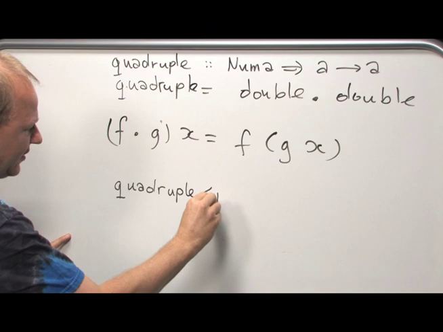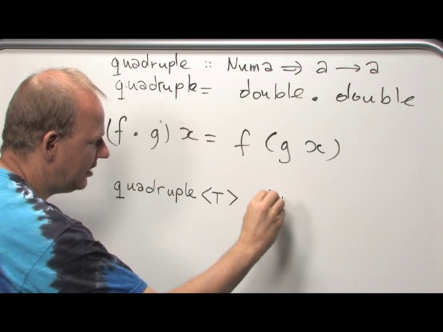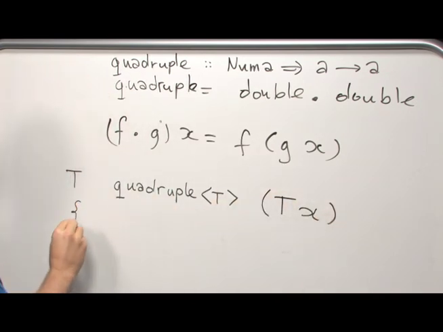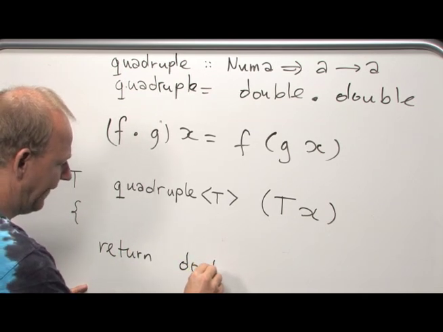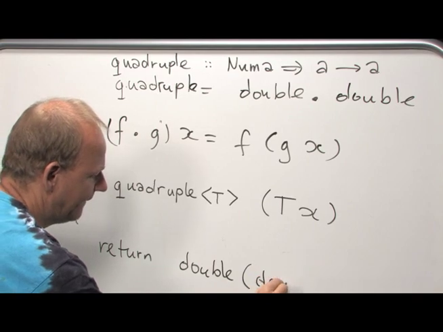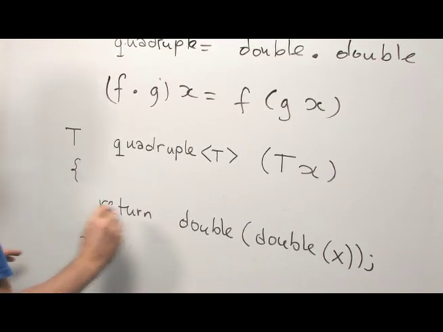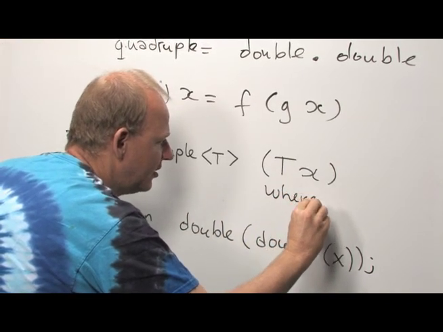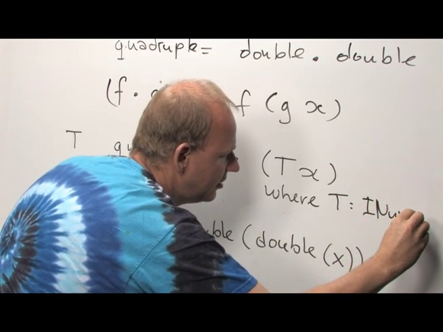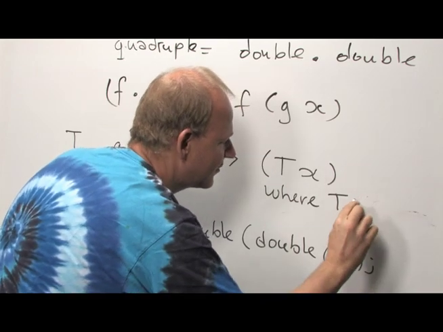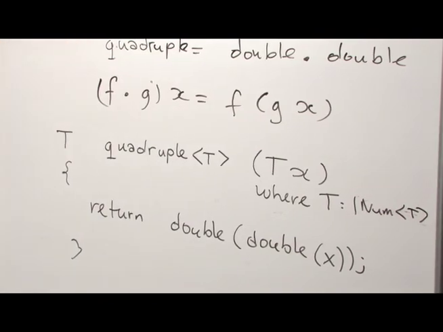Quadruple of T returns a T and takes a T x, and then it does return double of x, and then here I have to write where T inherits from I num, let me just write I num of T, something like this.